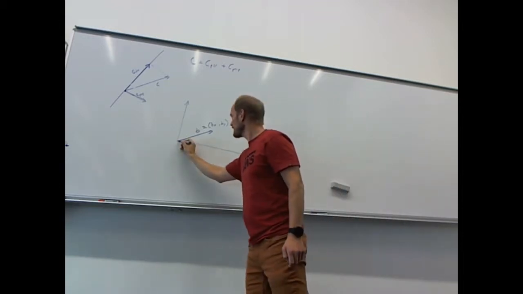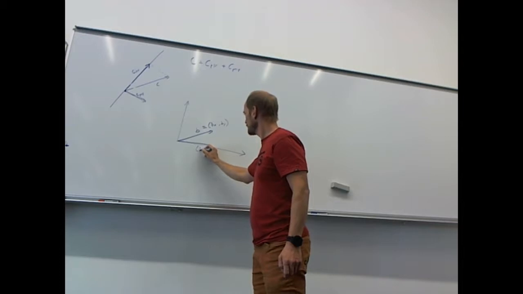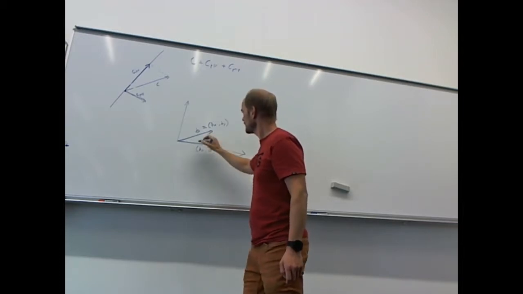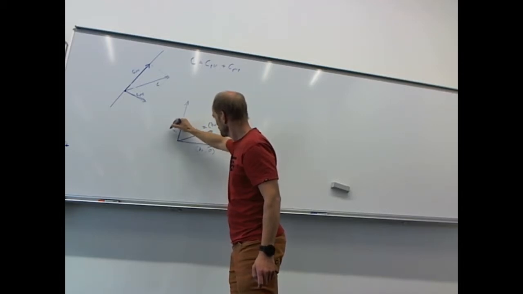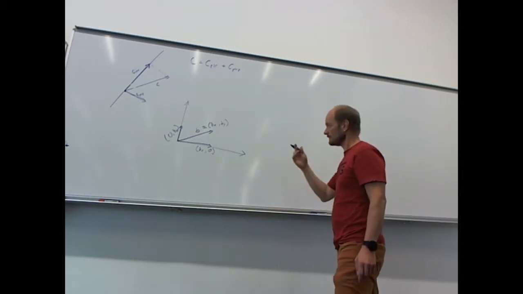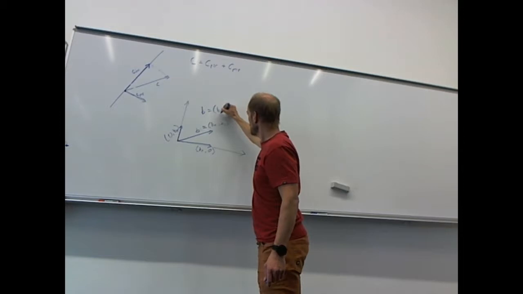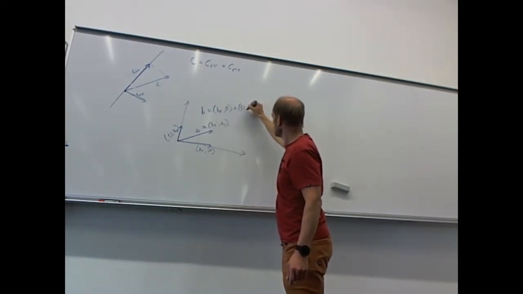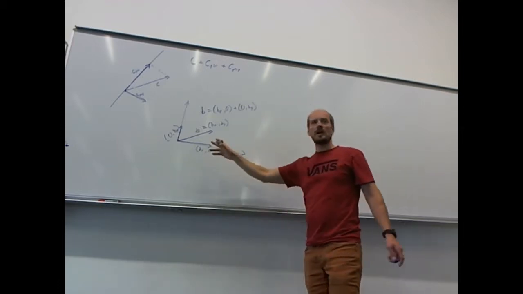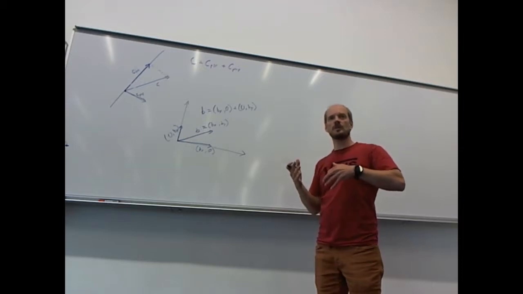I can also say this vector here is the vector Bx, 0, and this vector here is the vector 0, By. And then I can say B equals the vector Bx, 0 plus the vector 0, By. So I'm basically splitting this up into x coordinates on the one hand and y coordinates on the other.